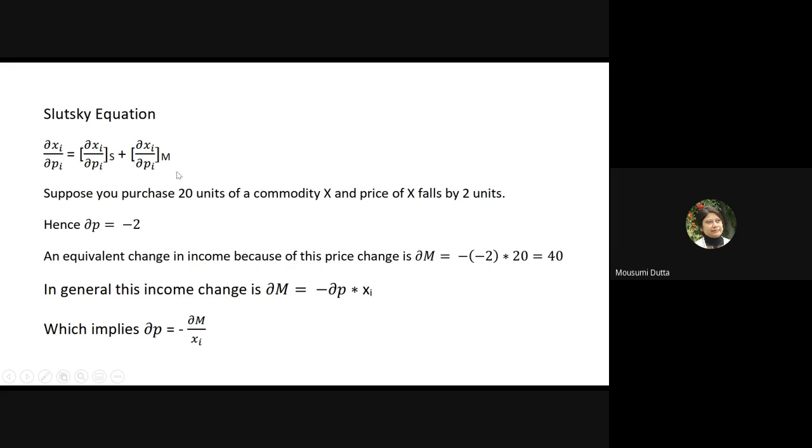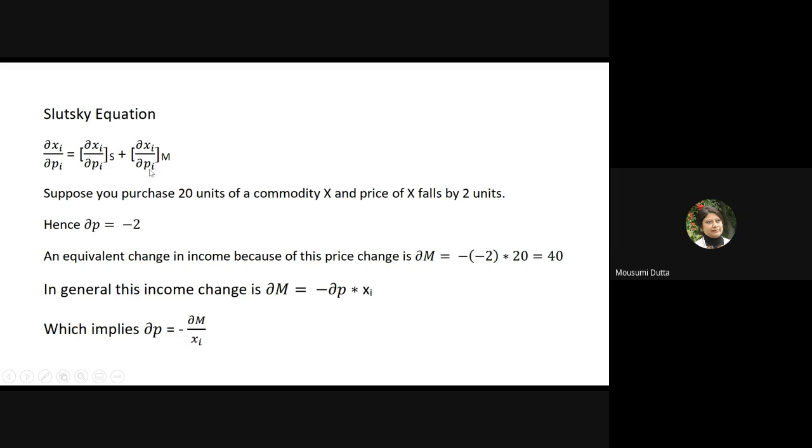Actually, in the second term, we will change the notation a bit. We will bring del M in place of del Pi. For that matter, we first consider an example to understand the matter, and then we write it using the general notation.